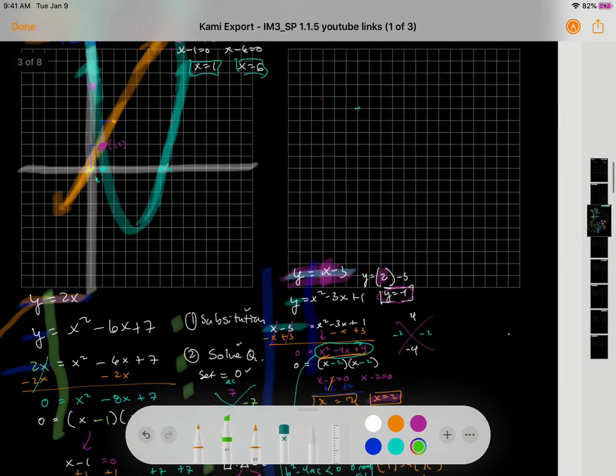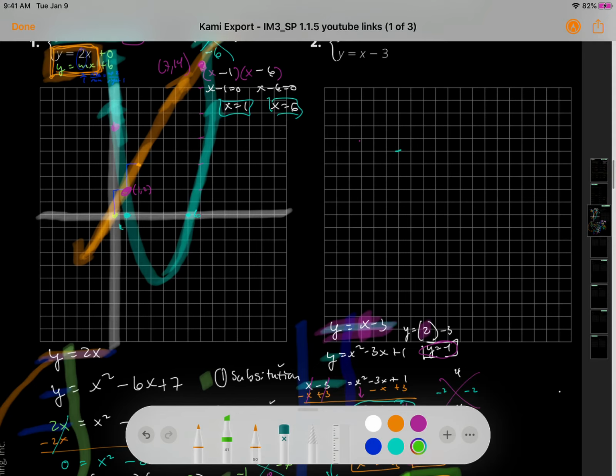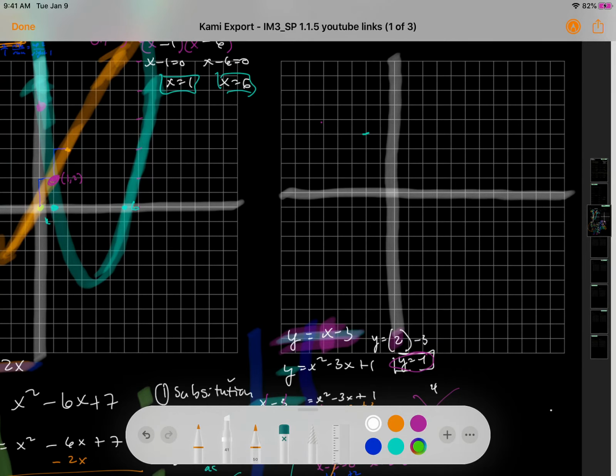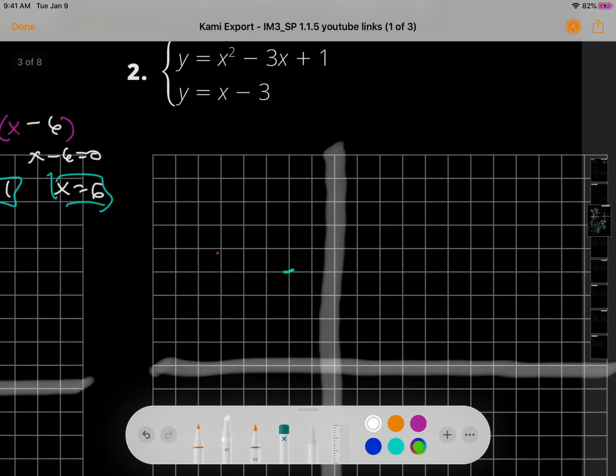Now let's verify that graphically, okay? So there's my y, there's my x. Let's graph the linear. You'll notice that this is in the form of y equals mx plus b.